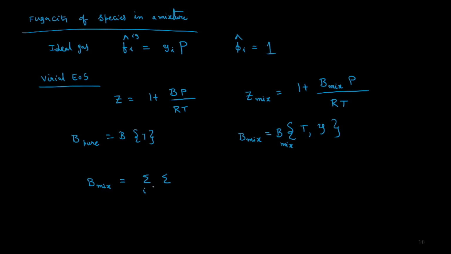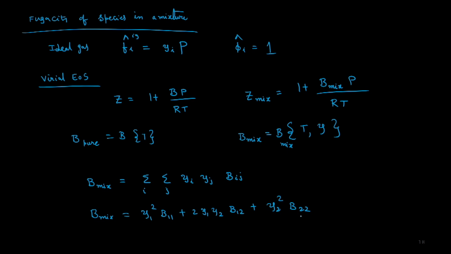In a multi-component mixture, it is sigma over i, sigma over j, y_i y_j B_ij. Now, if I expand these summations for a binary mixture, it turns out to be B mix is y1 squared B11 plus 2 y1 y2 B12 plus y2 squared B22.